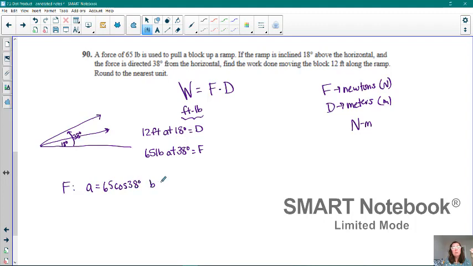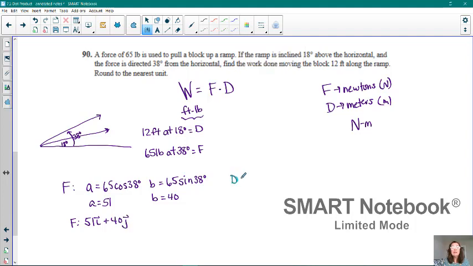The vertical component is equal to the magnitude times the sine of the angle. So we use our calculators and we find out that A is equal to 51 to the nearest unit, and B is equal to 40 to the nearest unit. So our force vector is 51i plus 40j.